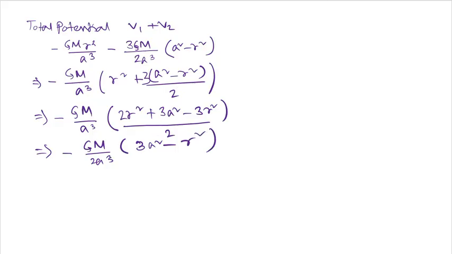So this will be the total potential of the solid sphere if point is inside the sphere, where G is the gravitational constant, M is the mass, A is the radius of the sphere, and R is the distance from the point, correct? Solid sphere, if point is inside, what do you mean point inside?